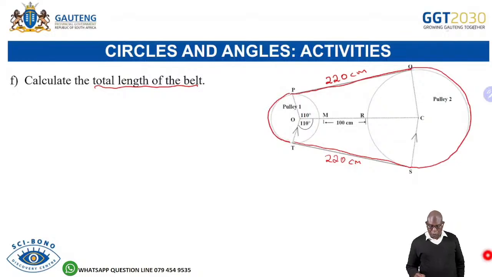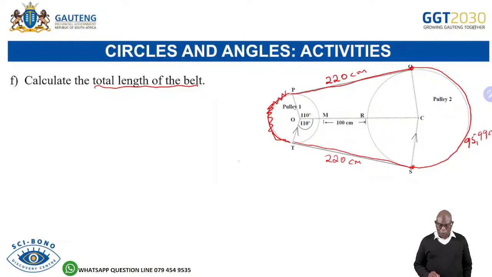So to calculate that, I already have 220. I have this one, the length from here to there, 95.99 centimeters. The only part that I don't have is this one. If I've got this part, then I add all the lengths and I get the length of the belt.